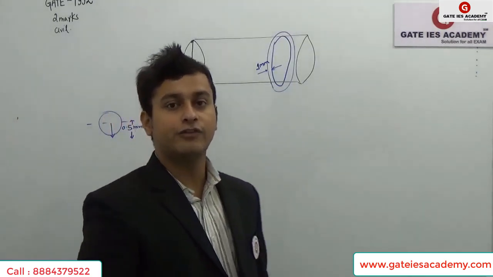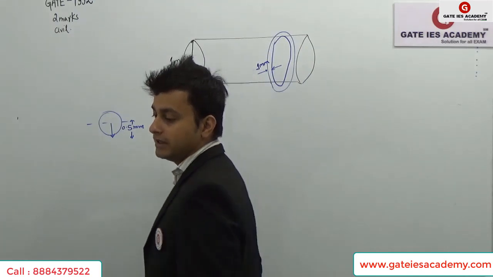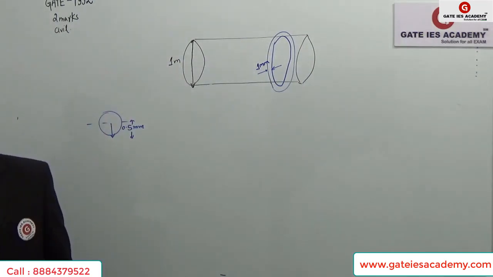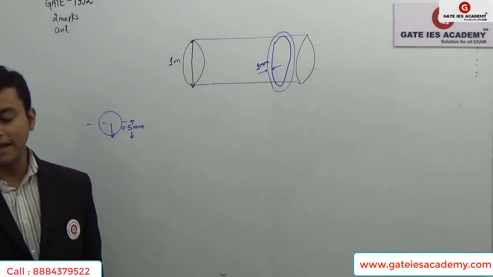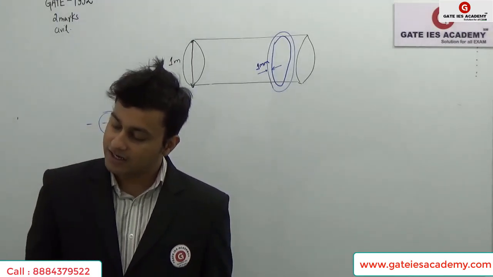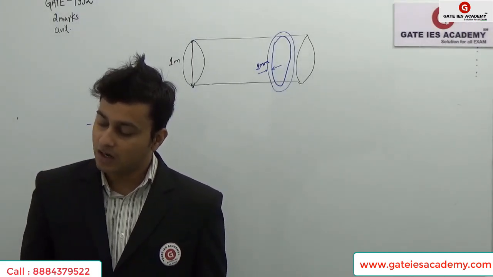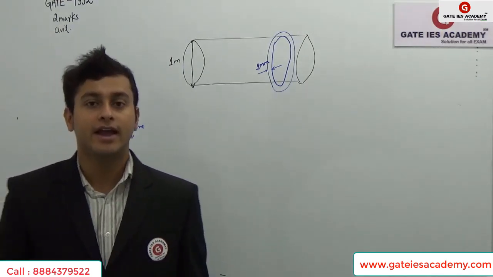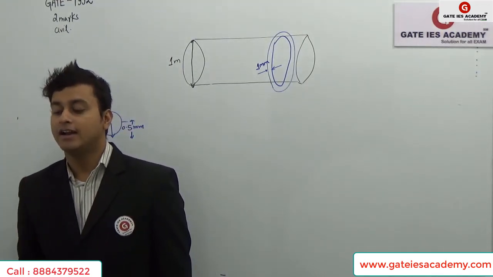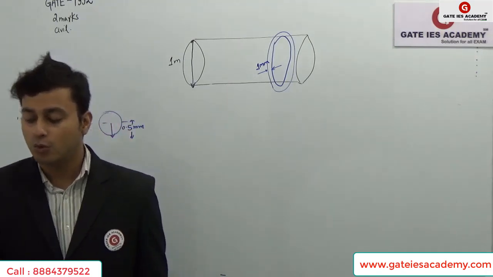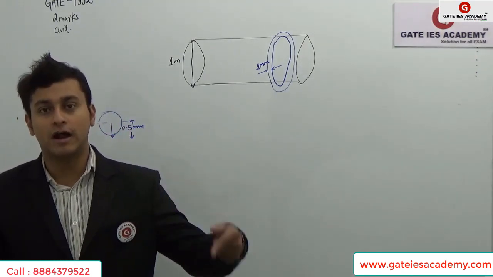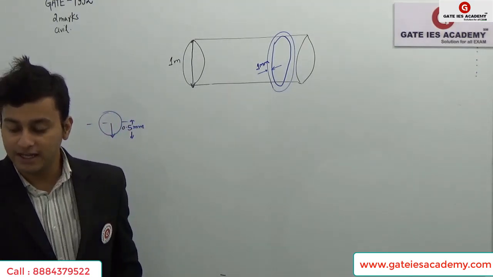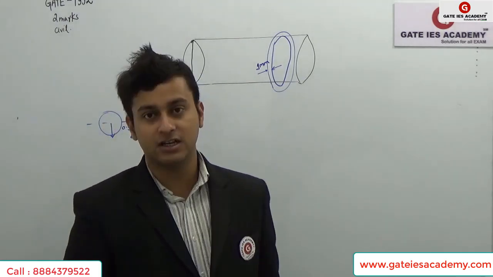Okay, now let's look at one famous question from GATE 1992, which says: the maximum bending stress induced in a steel wire of modulus of elasticity 200 kilonewton per mm square and diameter 1 mm, when wound on a drum of diameter 1 meter, is approximately equal to.